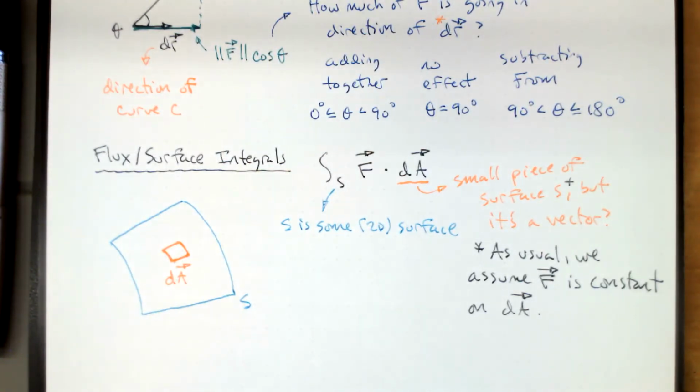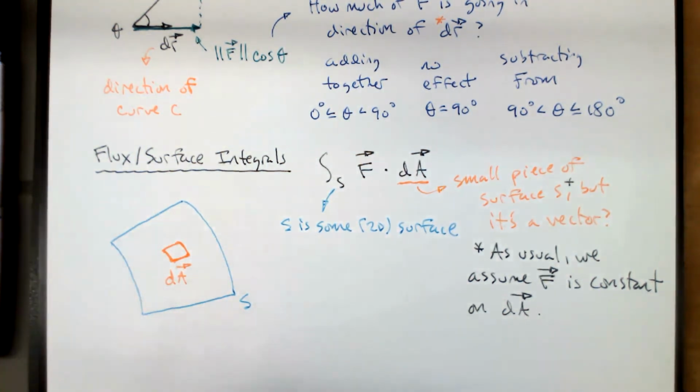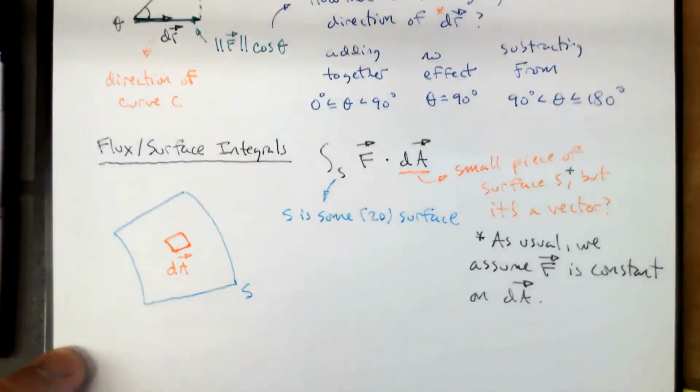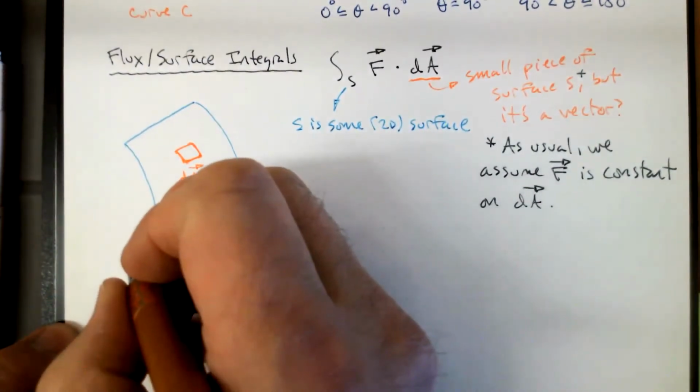But we still have this issue. dA is not just some area. It has some area, but it's not just some area. The magnitude of dA is going to be the area of that little piece.